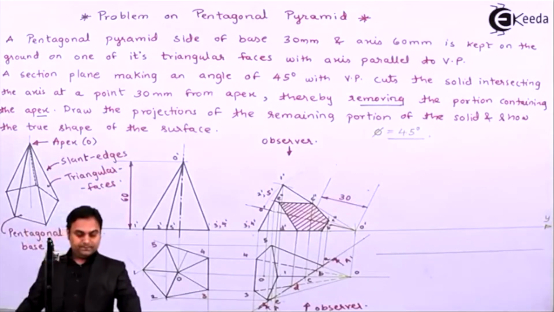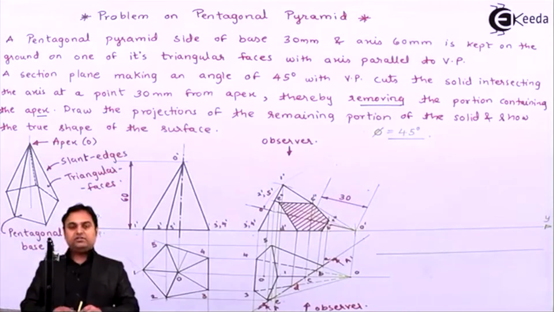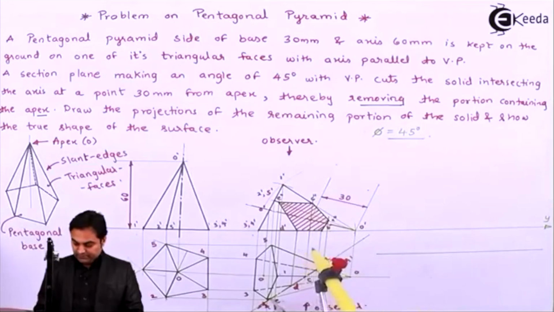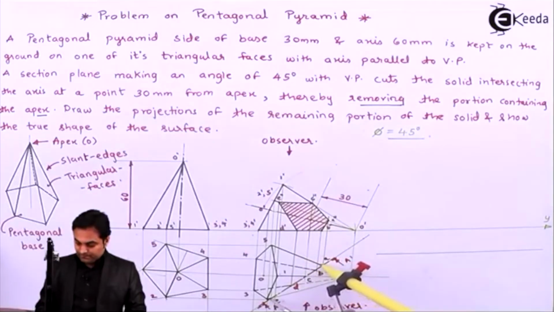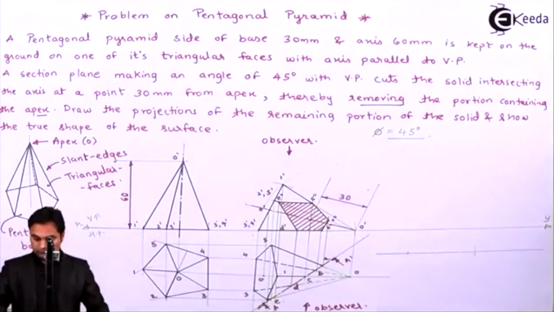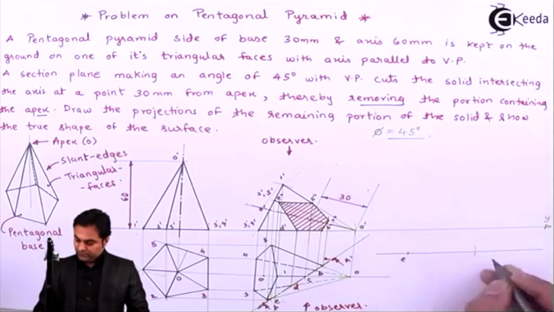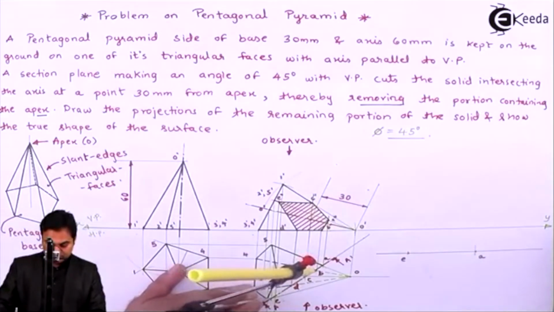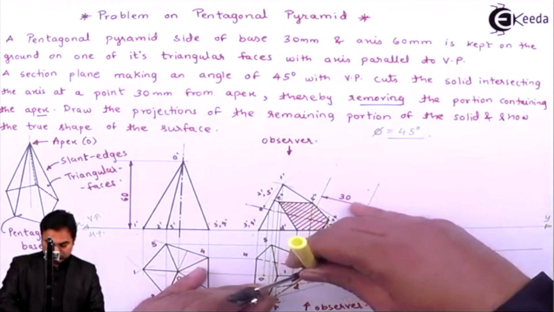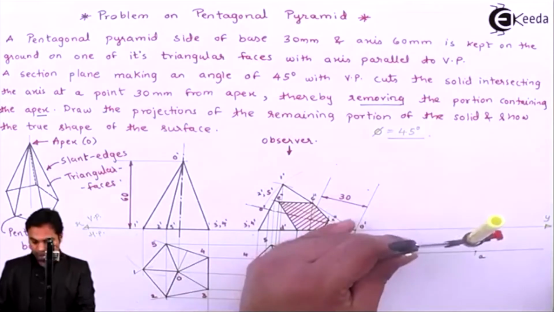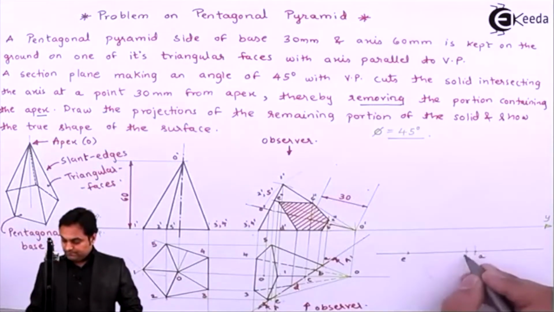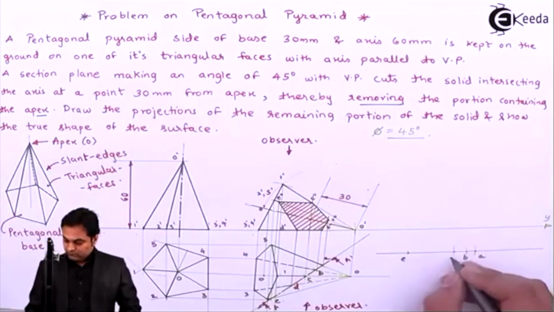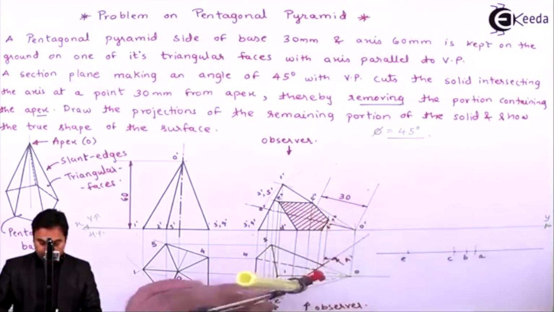Drawing a light line, measuring the length of the cutting plane, that is the portion for which it is in contact with the pentagonal pyramid, that is point E to A. Here we have point E, this is A, then the remaining points up to B, up to C, then up to D.